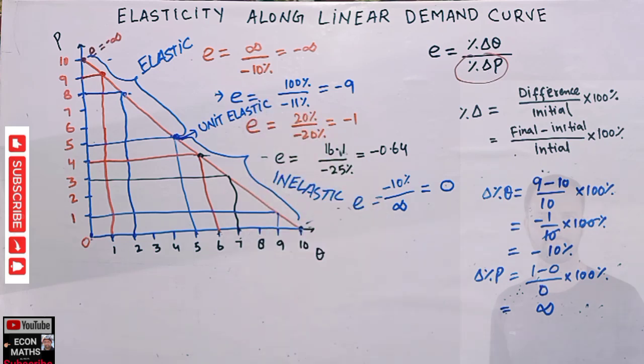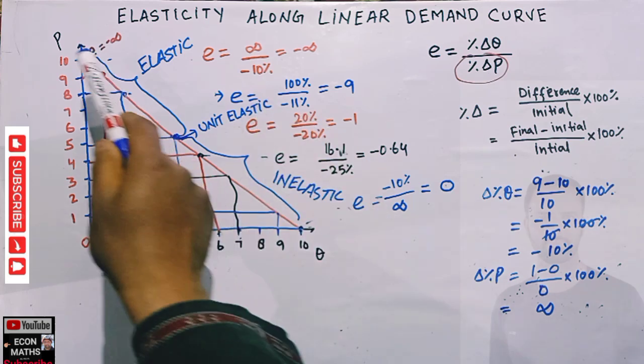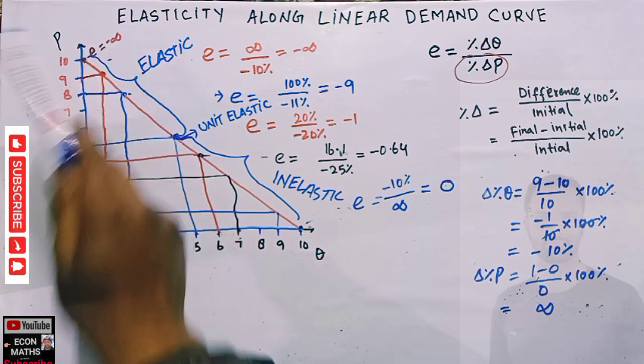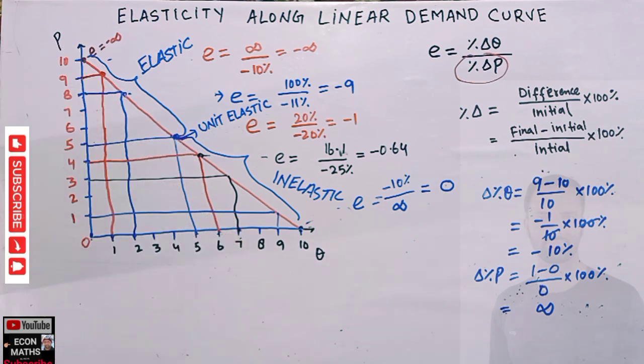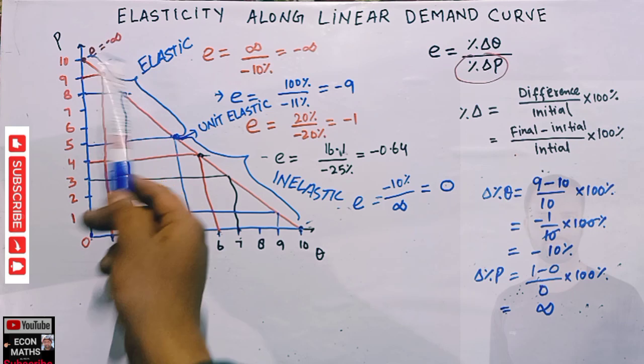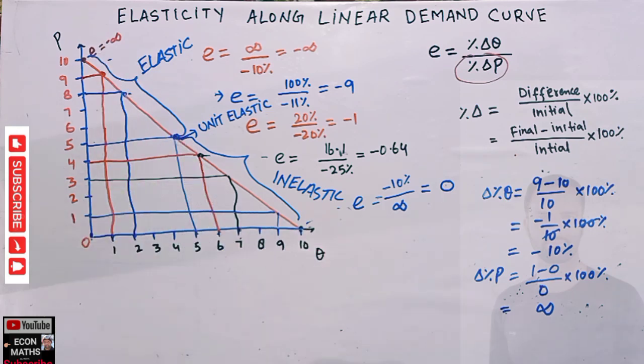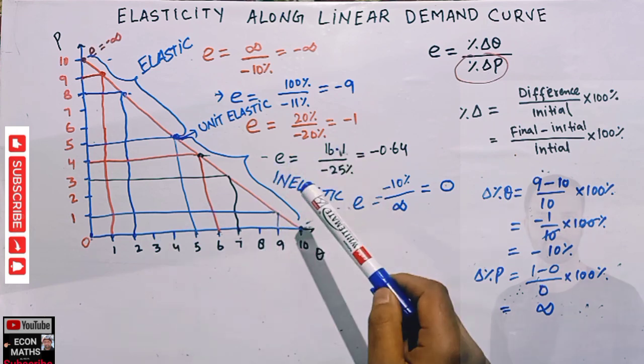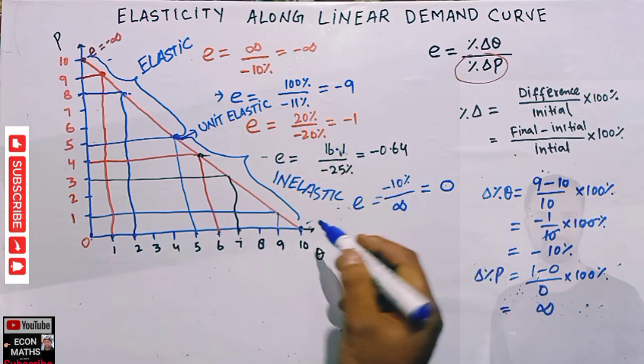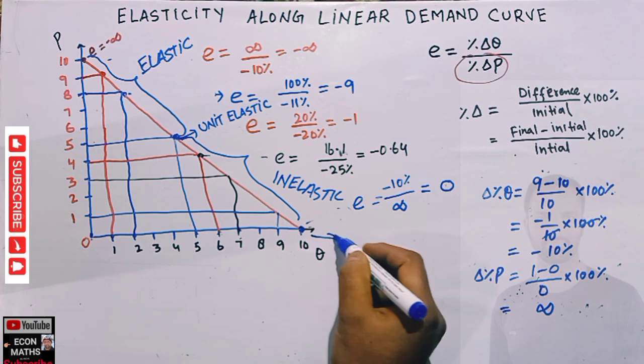So the upper half segment of this demand curve line is elastic, the lower half of this line segment is inelastic, and at this point we have perfectly inelastic.